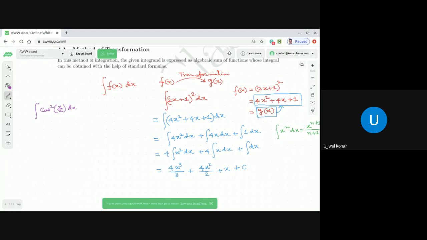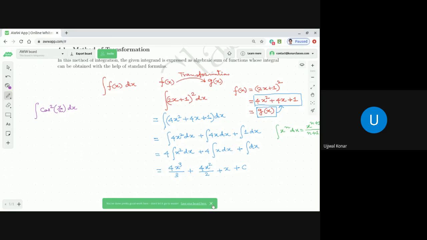So what you can think of, as long as the transformation is concerned, dear student, is whether I can apply the trigonometric formula for cosine.